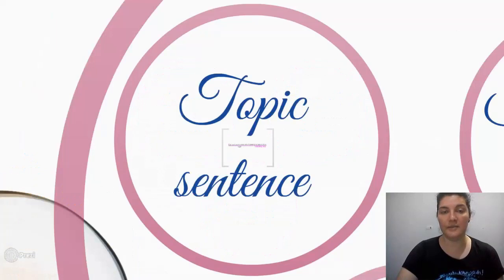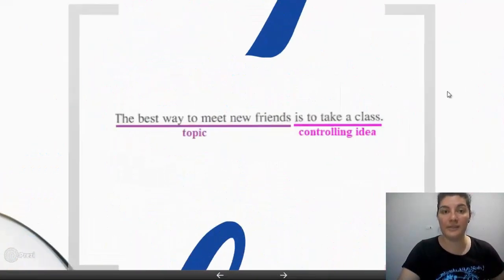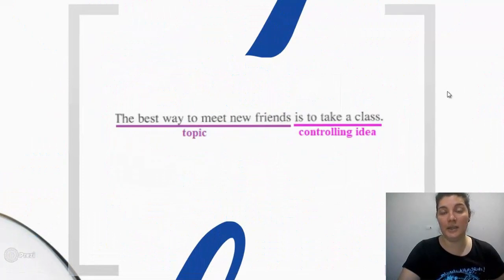The topic sentence is the first idea in the paragraph, and it includes what the writer will say about the topic. Here we can see the first sentence in our paragraph. Please note it is divided into topic and controlling idea.